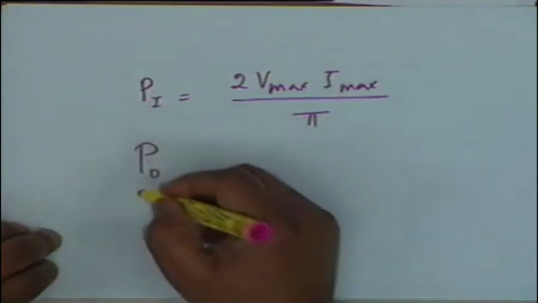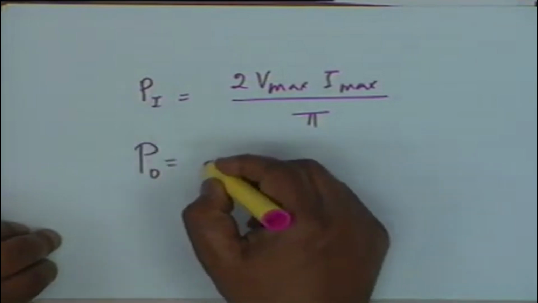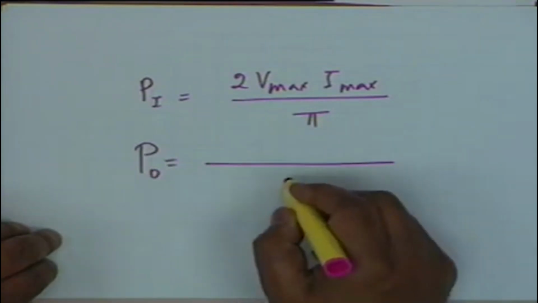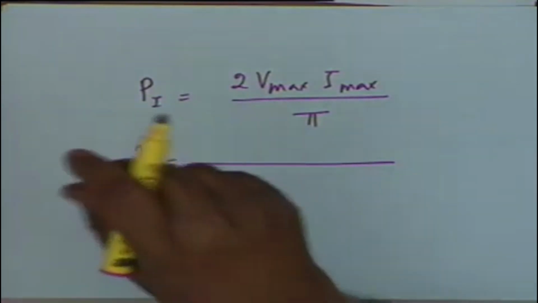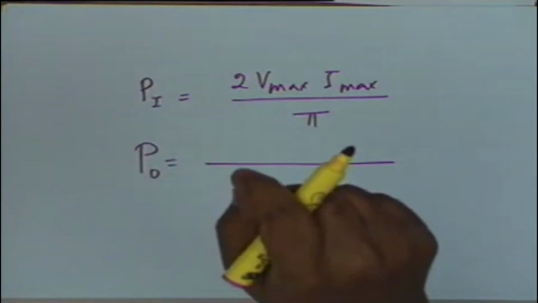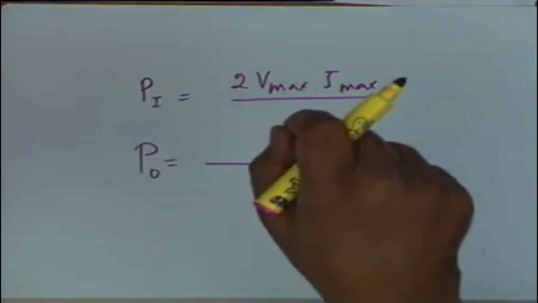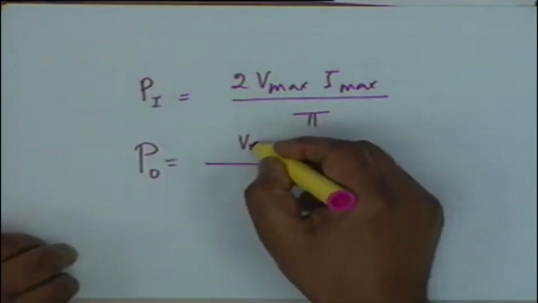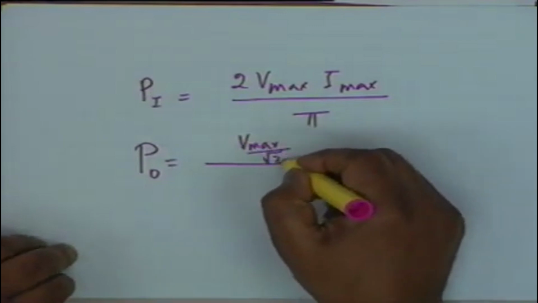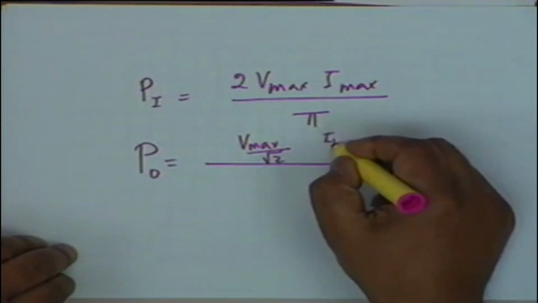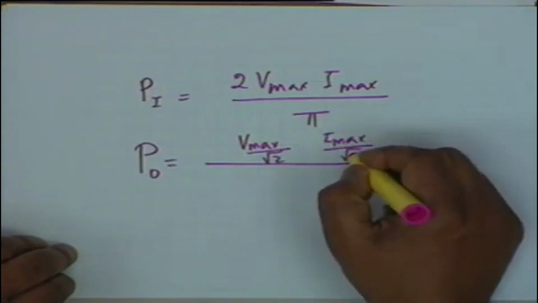And what is the output power? Output power shall be the product of the root mean squared values of load voltage and load current. So, it would be V max divided by root 2 and I max divided by root 2.